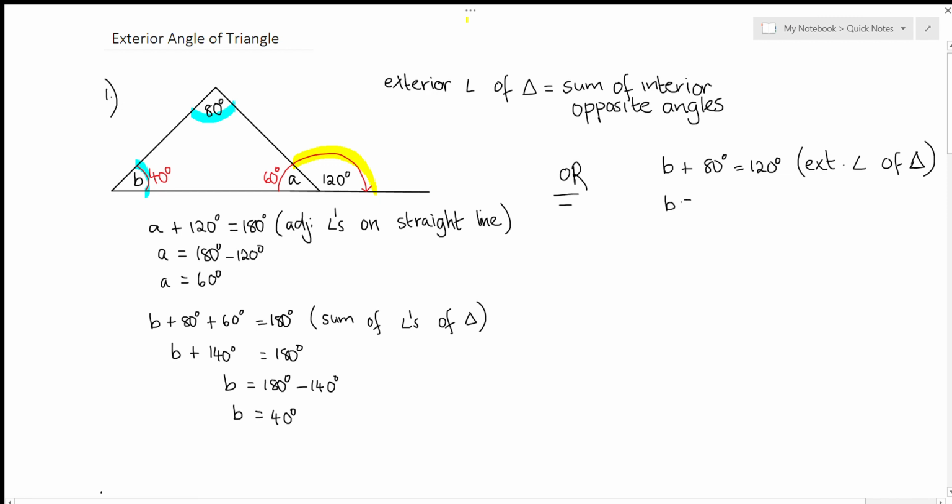So B is equal to 120 degrees subtract 80 degrees. Therefore, B is equal to 40 degrees.